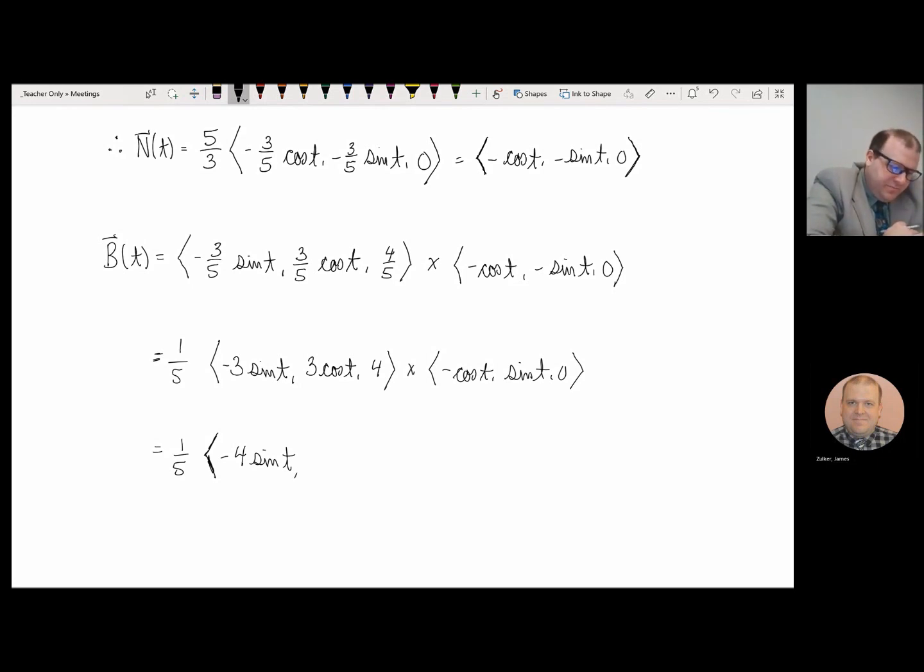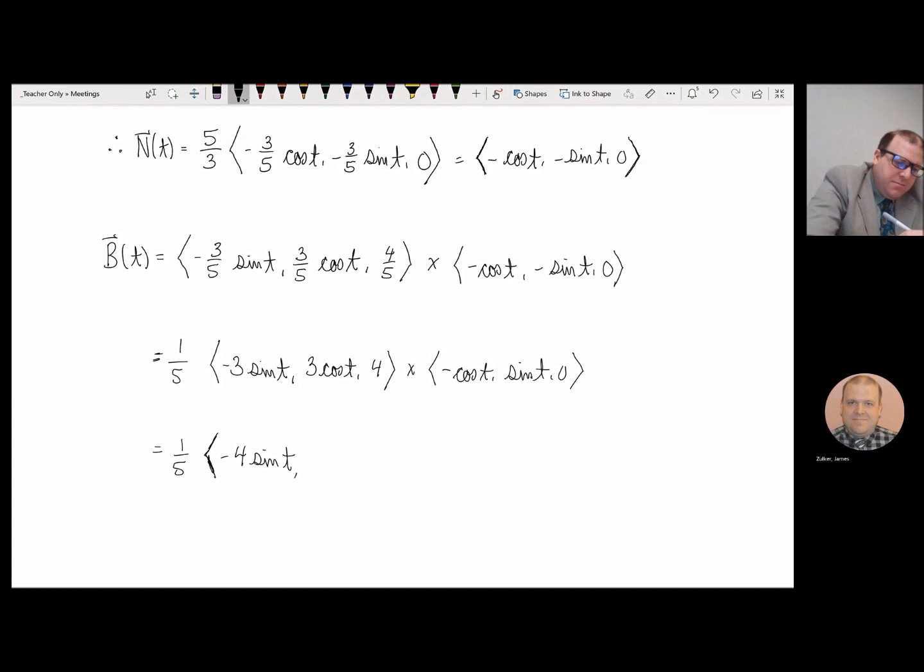Second component would be -4 cosine plus 3 sine squared. Oh, no, I looked at the wrong one.